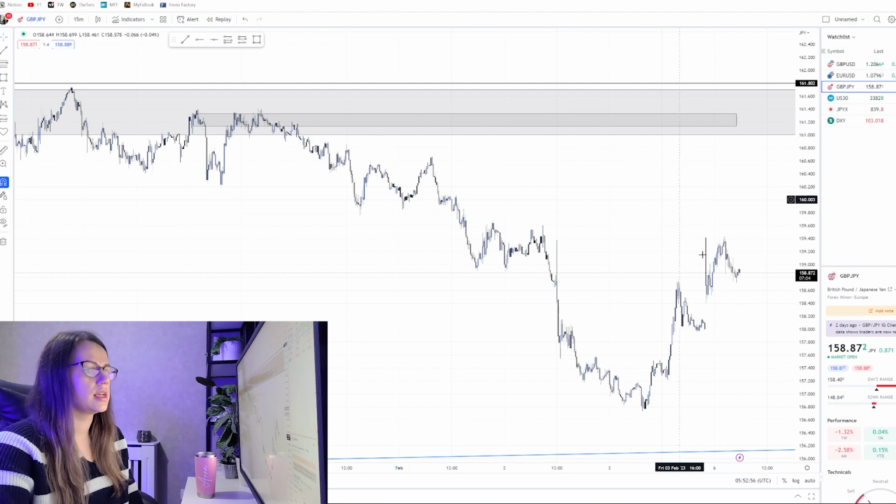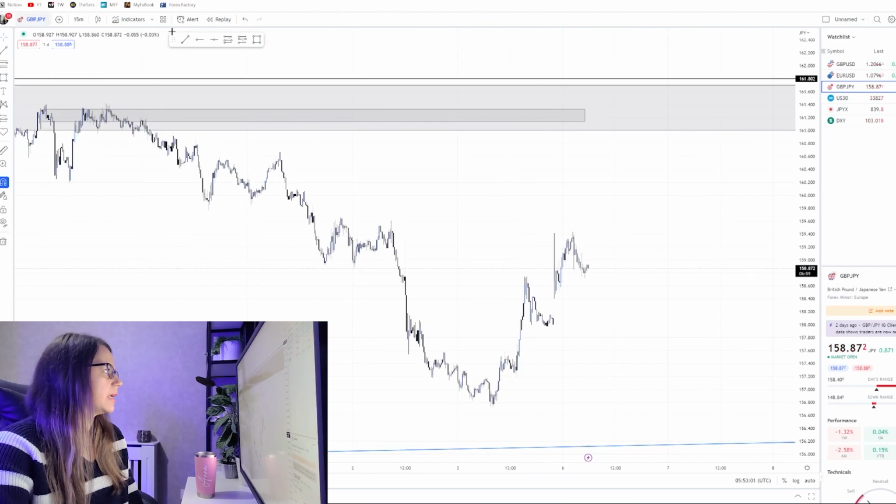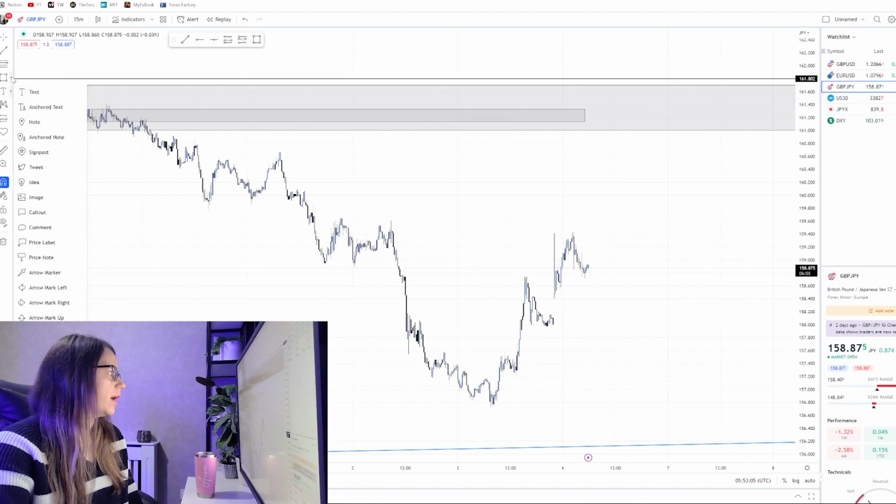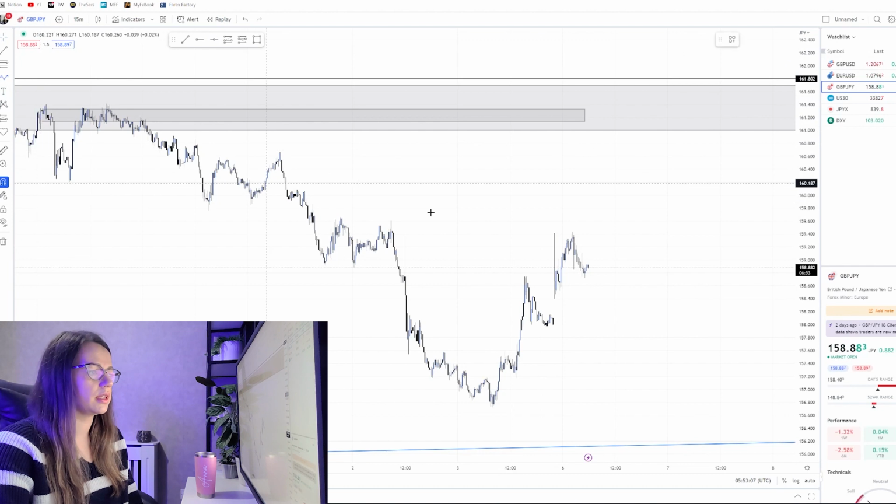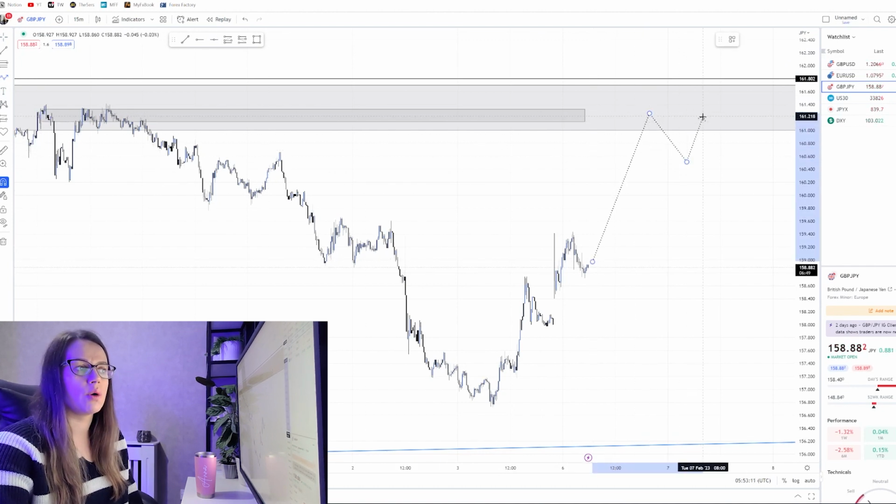I could wait to see if the price goes into this zone, because previously it has rejected many times. Then I can expect the price to reach the zone and make a double top or any pattern that tells me it's going to reject.